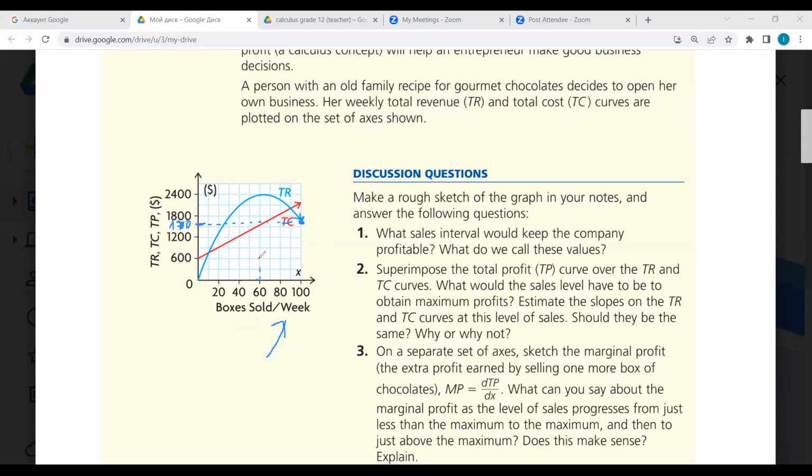If she sold 60 boxes per week, we can see that her total revenue is about 2,400. And now let's take a look at the TC graph. TC, it's total cost, right? When she sold 60 boxes per week, let me change the color, we have this much expenses, around 1,100.